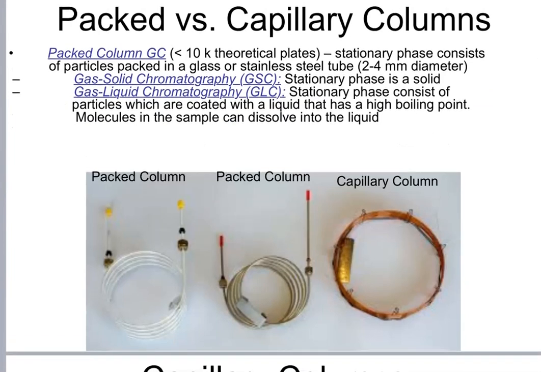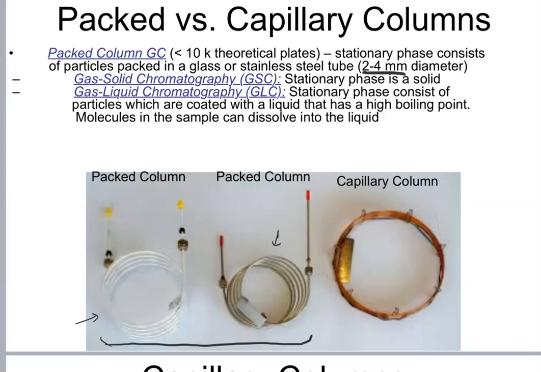We'll start with packed columns, which are the two on the left. Packed columns are either a stainless steel tube, which is most common, shown like this, or a glass tube, which is a little bit less common, around a couple millimeters in diameter, okay?